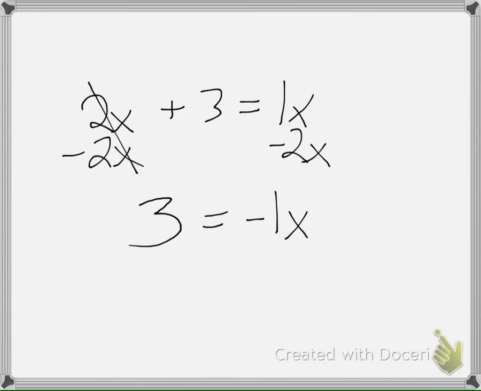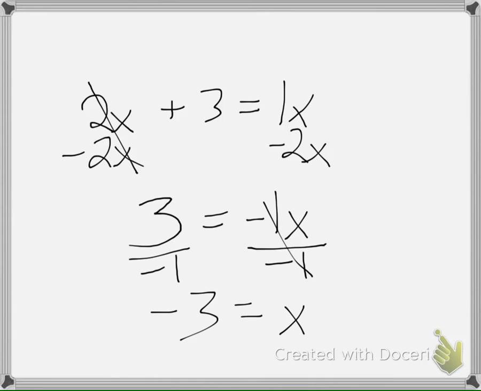But I'm not done because I don't have 1x, I have negative 1x. So to solve that, I have to... You got to remember, is x being multiplied by 3? No, so we don't divide by 3 because that's not what I'm multiplying by. I multiply by negative 1, so I divide by negative 1. So then I get x equals negative 3.